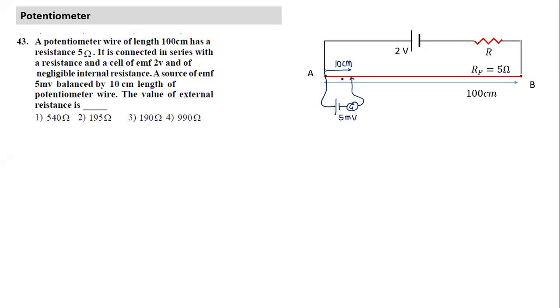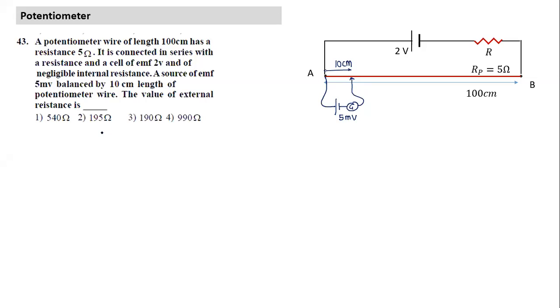So indirectly, potential gradient is given. I can find out the potential drop between A and B. Once we have this potential drop between A and B, we can find the current and we can find this resistance also.